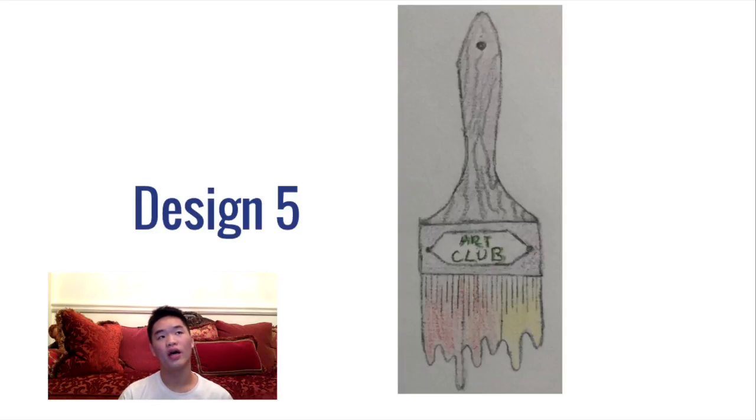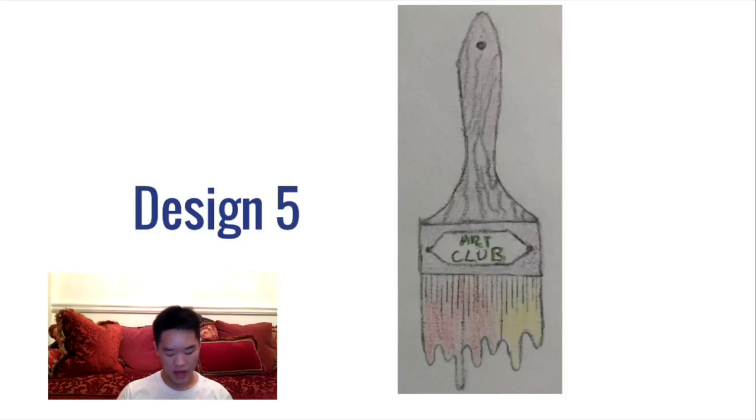I incorporated the idea of putting in wood grain, so that when the audience sees the wood grain, they might have a connection with the brushes, because normally when you're using the large brushes, the holder is made out of wood, so the audience can make a very easy connection.